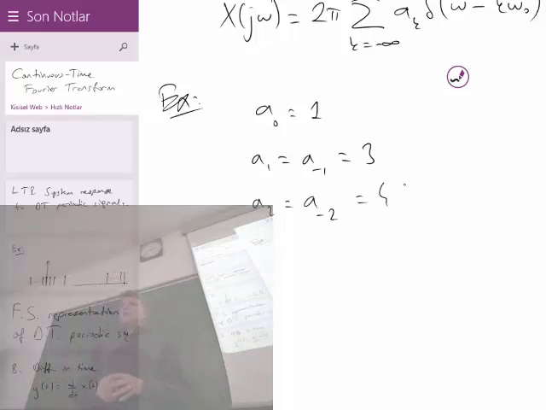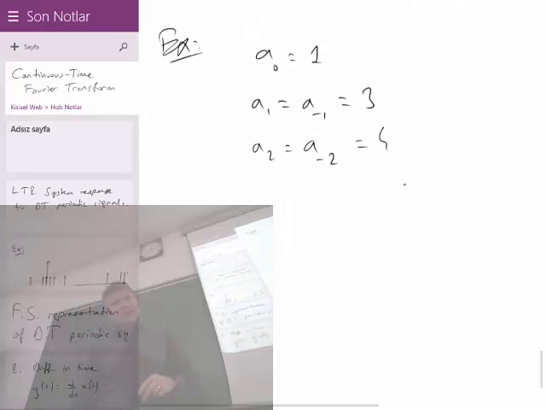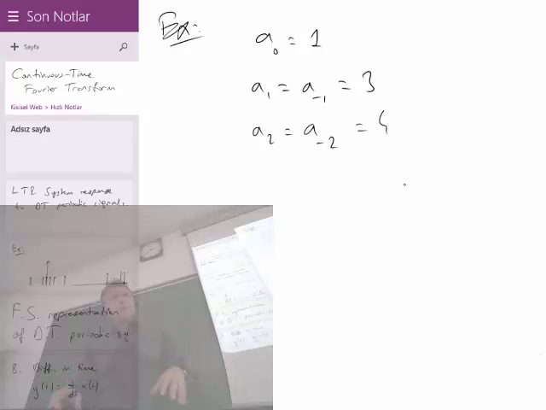So it's a combination of cosines, you see. We have a single cosine with two Fourier series coefficients, a1 and a minus 1, and another cosine at a2 and a minus 2, plus a DC of 1. Can you think of the time domain signal corresponding to this, by the way? Do you want me to write it?